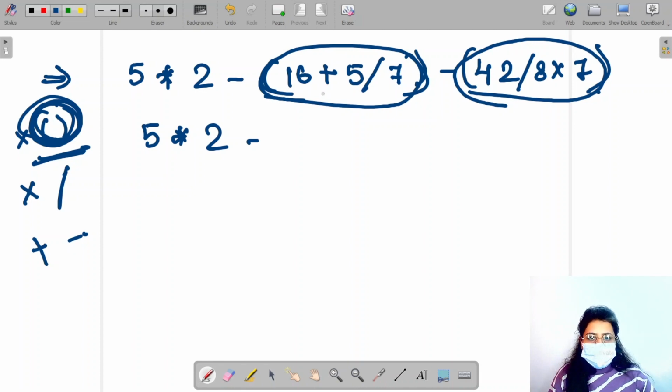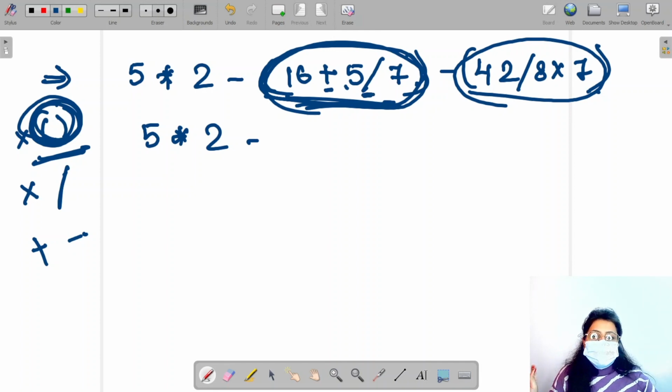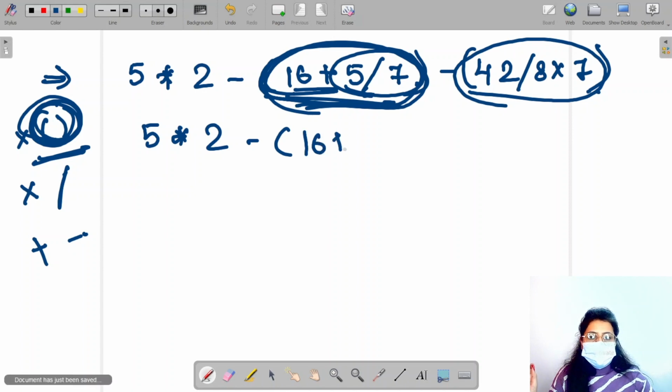So what we have is 16. We'll solve this first. On solving this first, the parameters are the same, there are plus and divide. So first we'll calculate this in the parentheses, then we'll add 16. So we'll have 16 plus 5 divided by 7, which is 0.